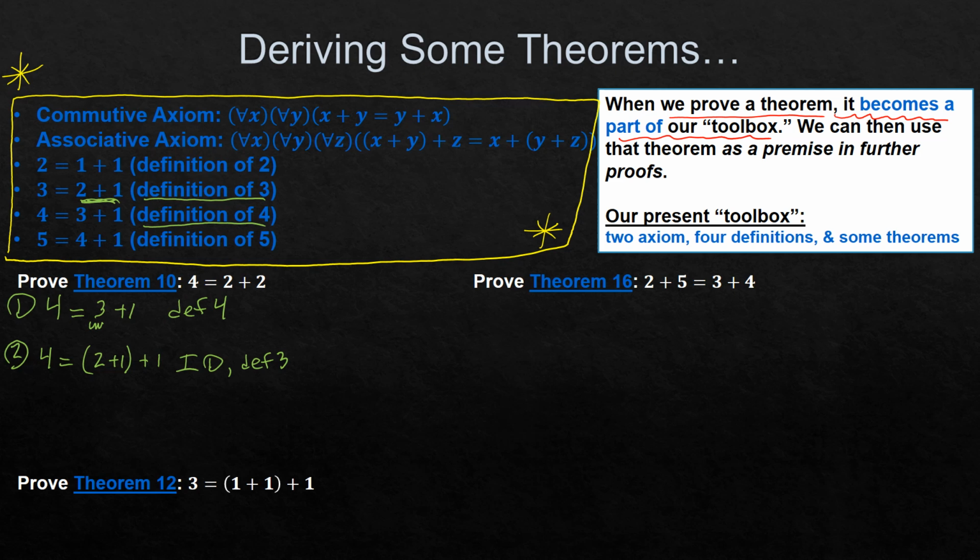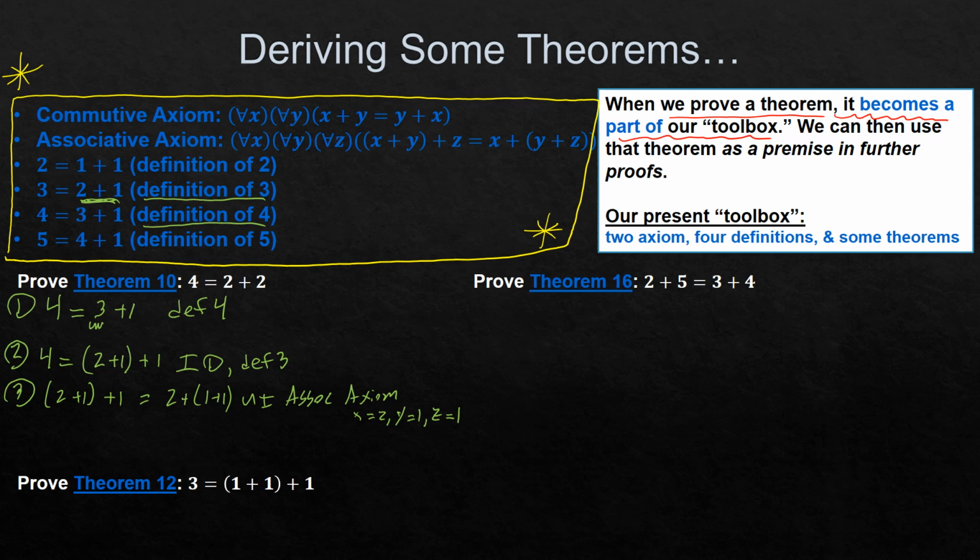So for line 3, we can get parentheses 2 plus 1, close parentheses, plus 1 is equal to 2 plus parentheses 1 plus 1. So that's the universal instantiation of our associative axiom, where x is equal to 2, y is equal to 1, and z is equal to 1.